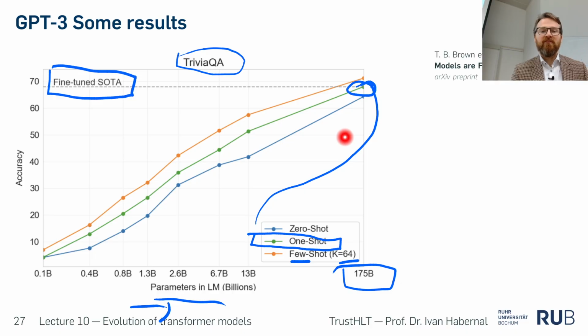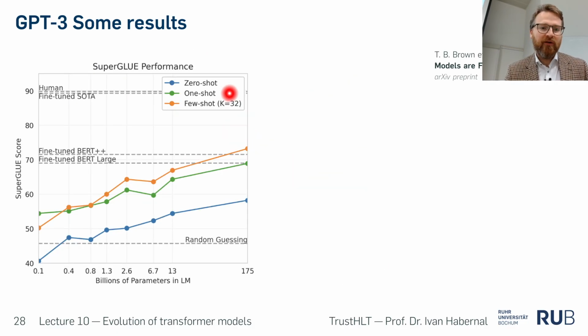So this is interesting. And with showing more examples, you actually perform better than state-of-the-art fine-tuned models. So the bigger the model and the more examples you show in context learning, the better the results. Scale matters.